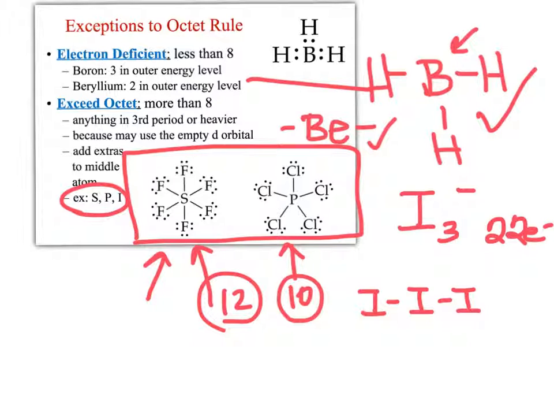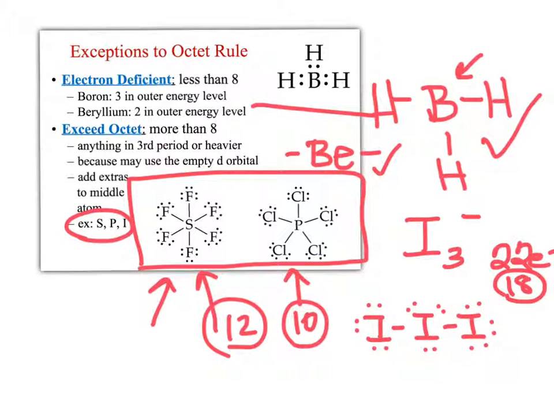This leaves us with still 18 more electrons to place. 1, 2, 3, 4, 5, 6, 7, 8, 9, 10, 11, 12, 13, 14, 15, 16, 17, 18. And as you can see, the iodine in the center ends up having an expanded octet with those extra electrons around it.